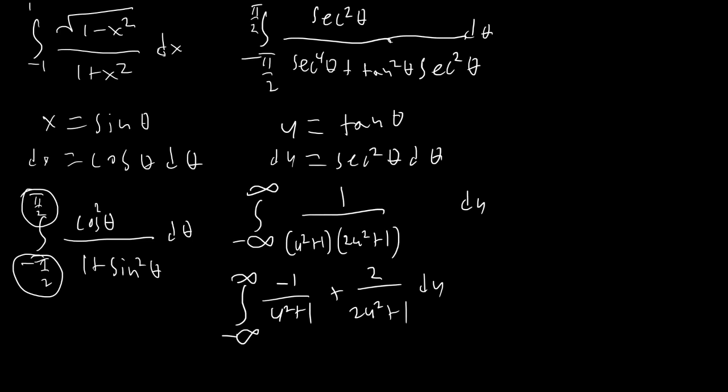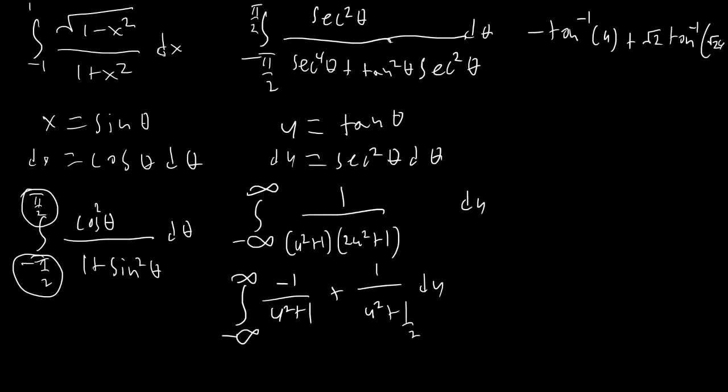And then all we have to do is integrate, and so we're going to end up with negative inverse tangent of u, and then we'll go ahead and divide by 2 on the top and bottom here. And we can do our usual inverse tangent integration. So we're going to end up with square root 2 inverse tangent of square root 2u.